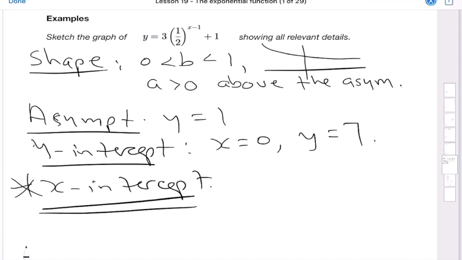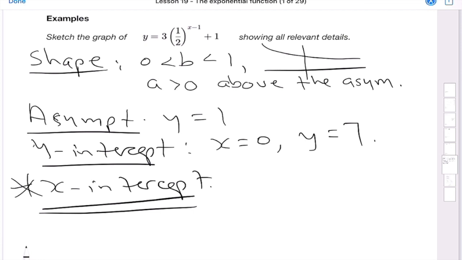But from the previous discussion, we said our graph should be sitting somewhere above the asymptote. And our asymptote is given by y is equal to 1. So this graph is sitting above y is equal to 1, which means this graph has no chance to actually intersect with the x-axis. So there's no x-intercept at all. There's no need to work it out.